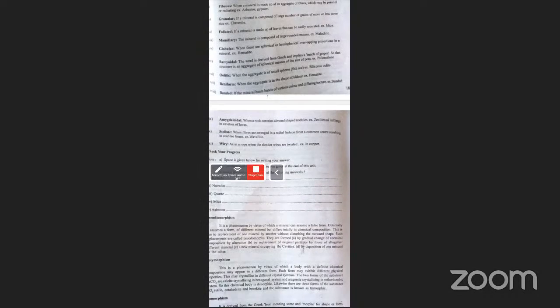Those three are: first, pseudomorphism; second, polymorphism; third, isomorphism. Pseudomorphism: the external form is different from that of the mineral.